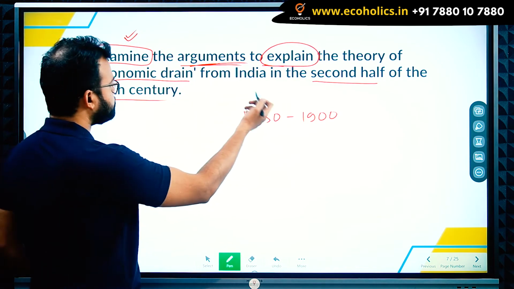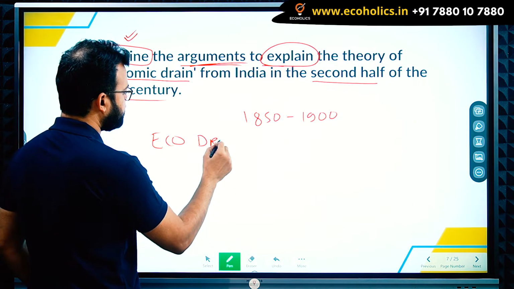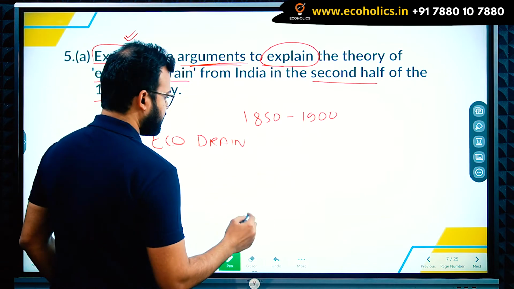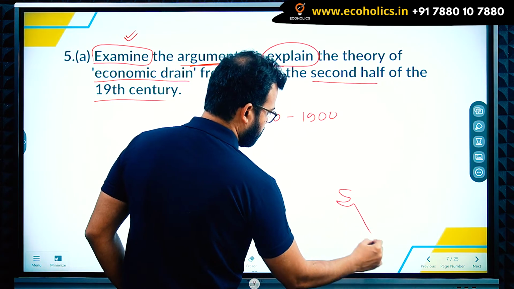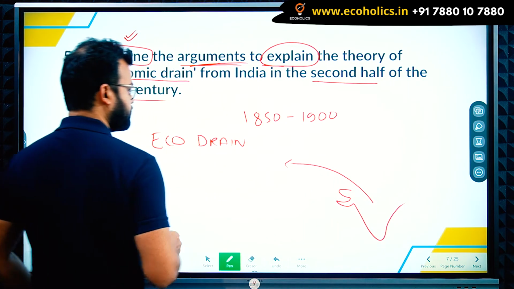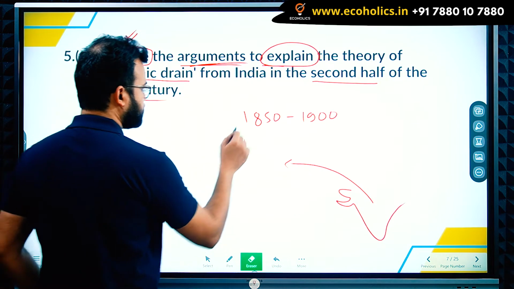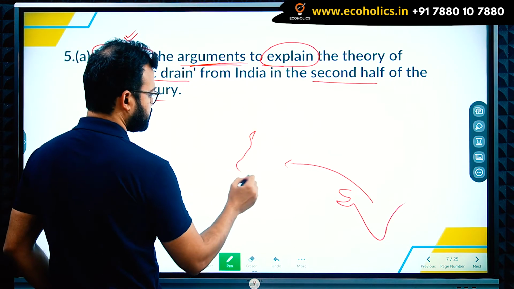So economic drain: you should understand what economic drain means. At that time, if you can imagine that this is the map, I am explaining what economic drain is. And this is Britain.